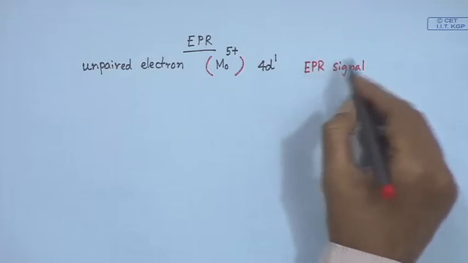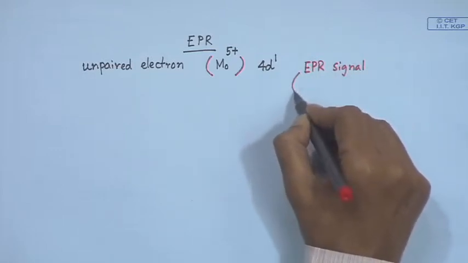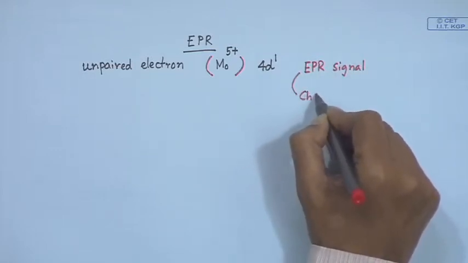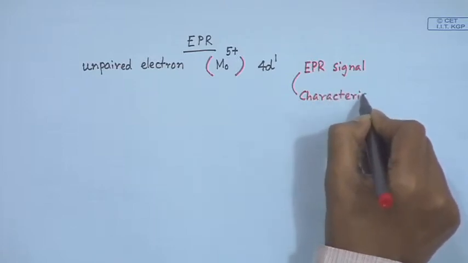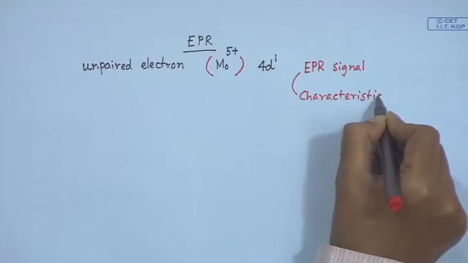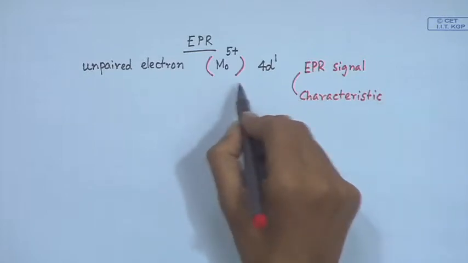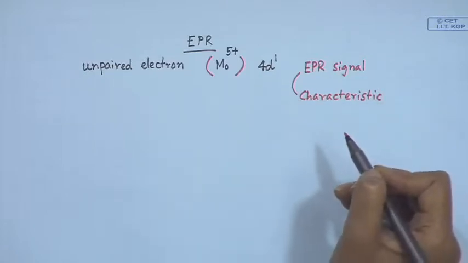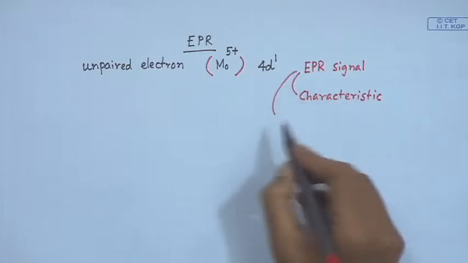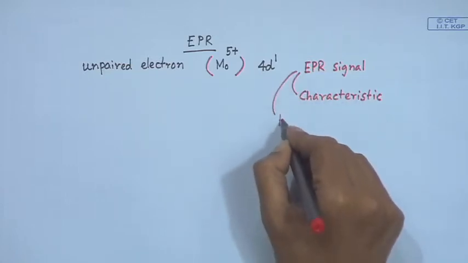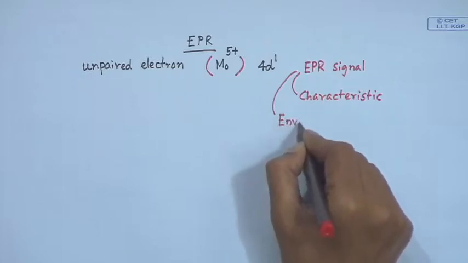So, this EPR signal should be characteristic for the presence of molybdenum in +5 oxidation state, and it can also locate the corresponding environment.